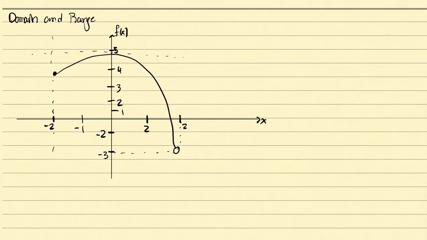So the range of this graph. Well, first, let's ask, is this a function? We could really easily tell through the vertical line test. Do you guys think this is a function?